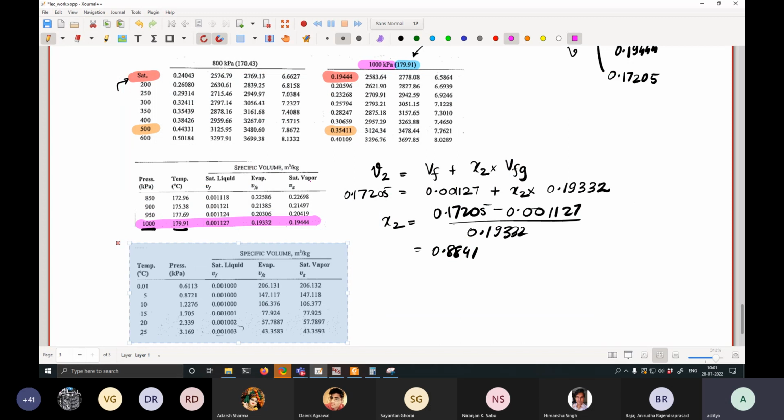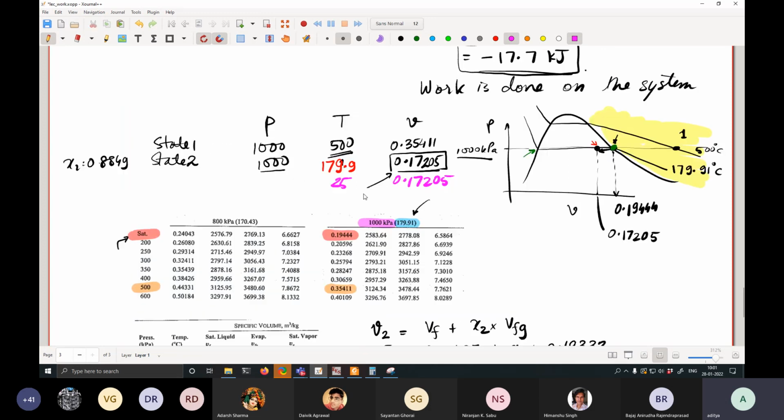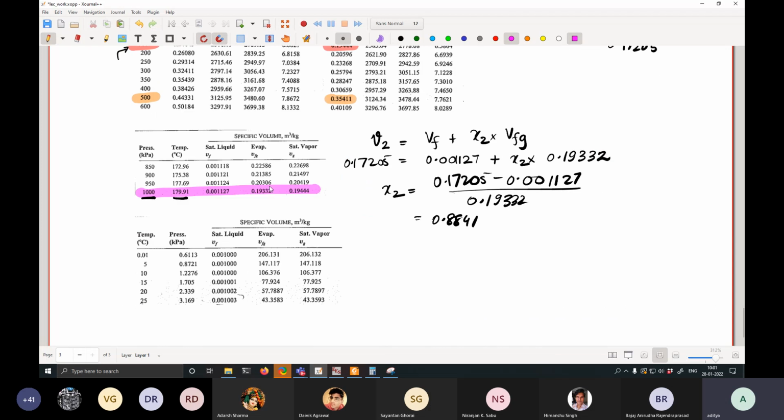All right. So at 25 degrees Celsius, the question is, how much is the pressure? Let's see, how do we find the pressure? I mean, the logic behind it. At 25 degrees Celsius, you will be tempted to directly say, oh, here I have it, the pressure is 3.169. But no, because you know that the specific volume at point 3 is also 0.17205.